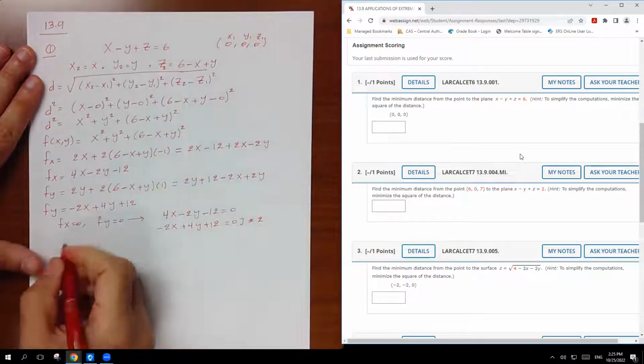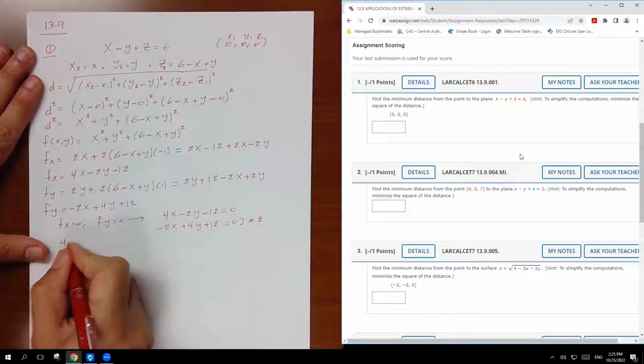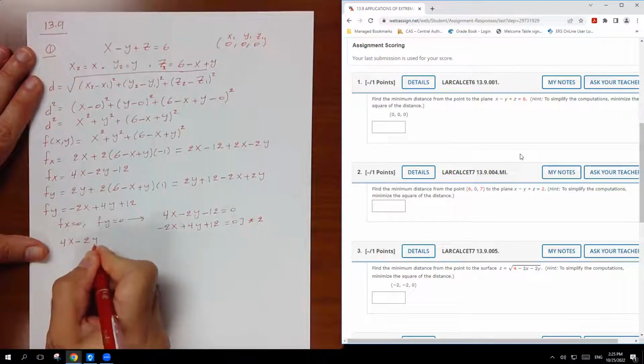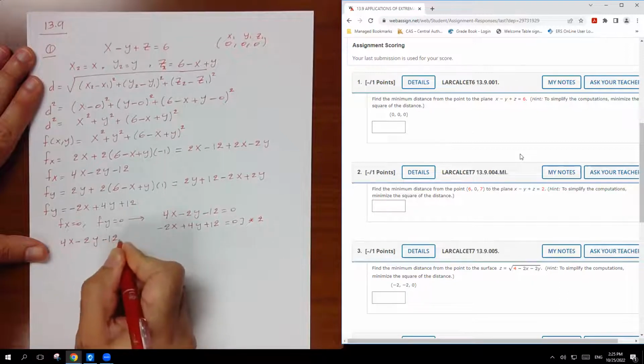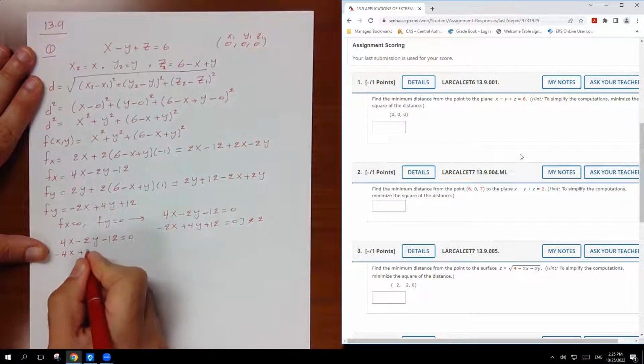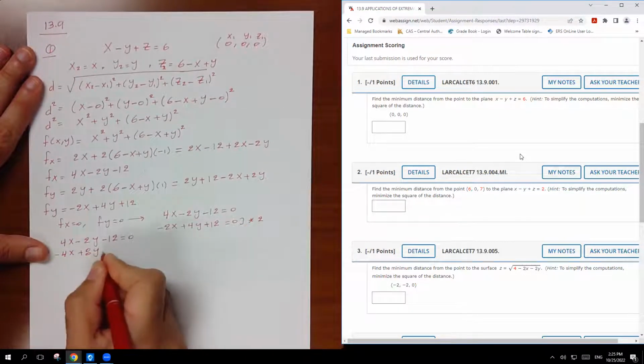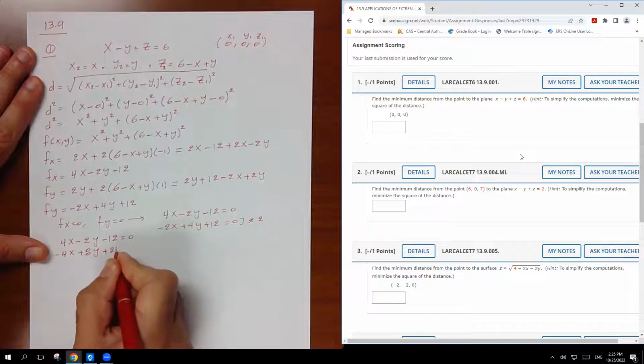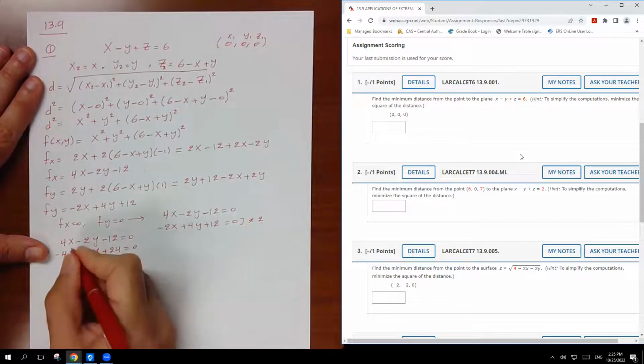That means our system is going to be 4x minus 2y minus 12 equals 0, and the second one is going to be negative 4x plus 8y plus 24 equals 0. Cancel these.